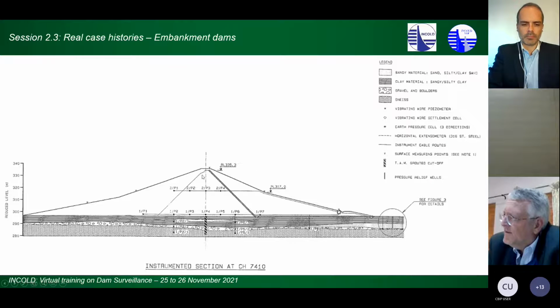The other thing is the clay that they used here is very impermeable clay. So it was of interest to know about the dissipation of the pore pressure after construction. There are also installations upstream and downstream of the grout curtain to see how effective the grout curtain was.